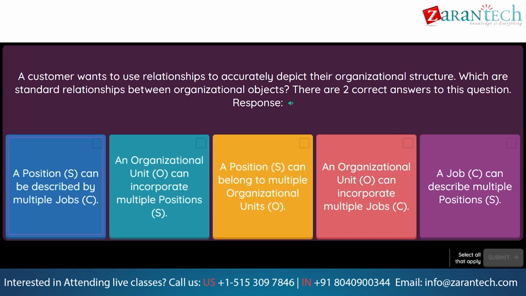Response: Option 1 A position, S, can be described by multiple jobs, C. Option 2 An organizational unit, O, can incorporate multiple positions, S. Option 3 A position, S, can belong to multiple organizational units, O. Option 4 An organizational unit, O, can incorporate multiple jobs, C. Option 5 A job, C, can describe multiple positions, S.